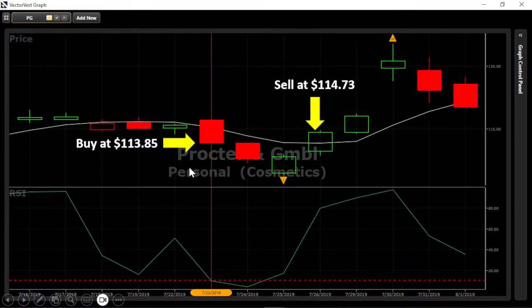You'd be looking at the same indicators and the same levels of these indicators. So for example, if you were looking at 5-minute bars, you need the price of the stock to be above its 200-period intraday moving average, but below the 5-period intraday moving average, with the 2-period RSI below the value of 10. Okay, not going to get into any examples of that. So this is a winning trade.